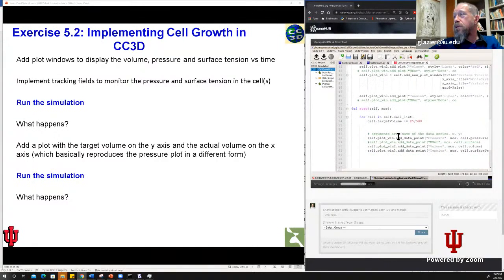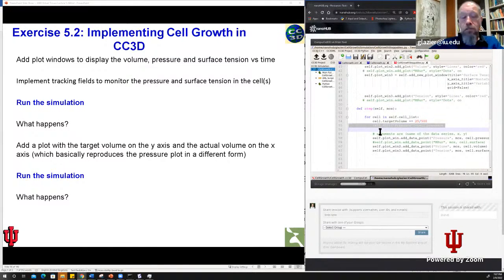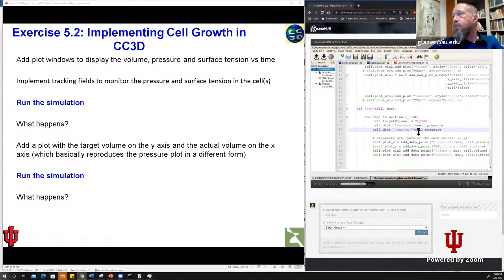So in the step function, we're going to need to add in our loop cell.dict pressure equals cell.pressure, cell.dict tension equals cell.tension, surface tension.